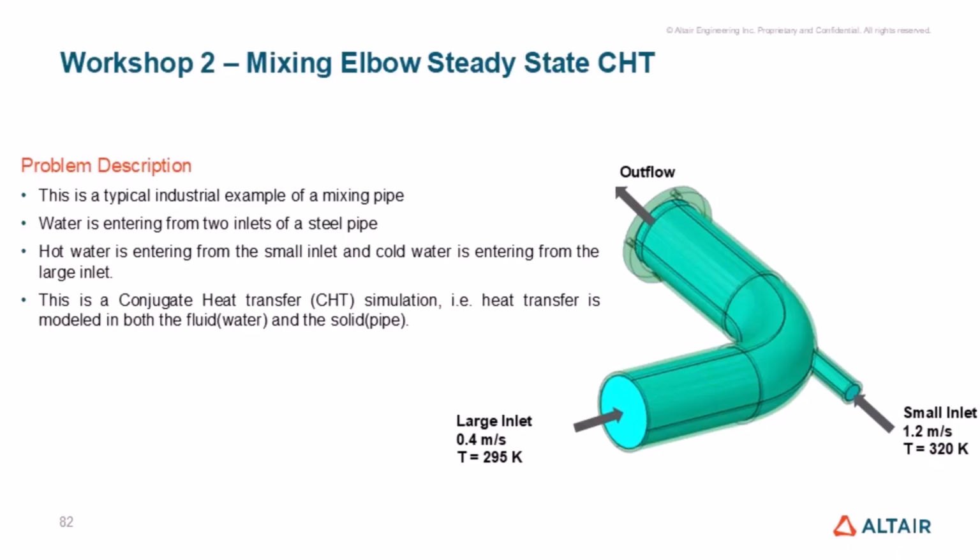The smaller inlet has water entering at 1.2 meters per second at 320 degrees Kelvin, and the larger inlet has the velocity at 0.4 meters per second at 295 degrees Kelvin. We will also apply a convective heat transfer for the outer wall.